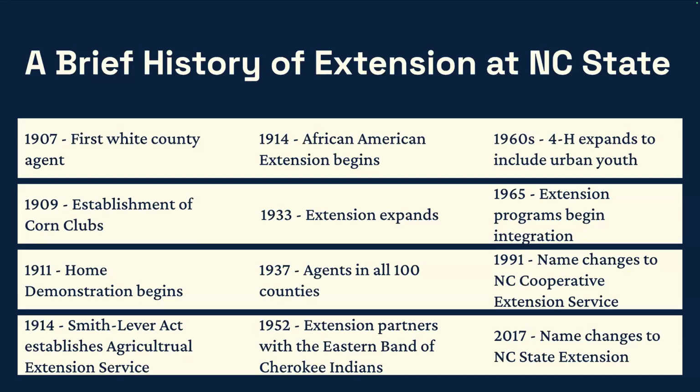Then in 1991, NC Agricultural Extension changed its name to North Carolina Cooperative Extension, which y'all might be more familiar with, to reflect its expanding focus on activities beyond only agriculture. Then in 2017, the name changed again at NC State to simply NC State Extension, where it continues to be an outreach arm of our College of Agriculture and Life Sciences.